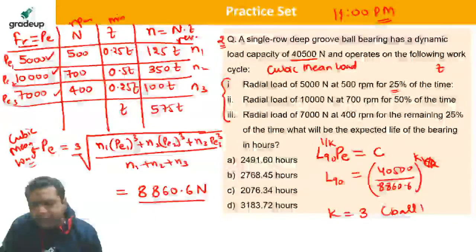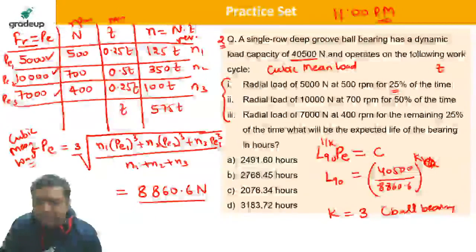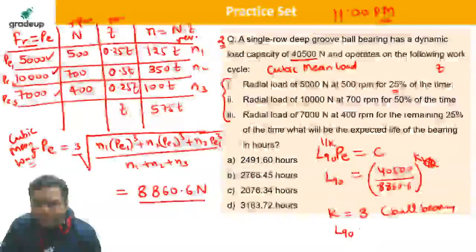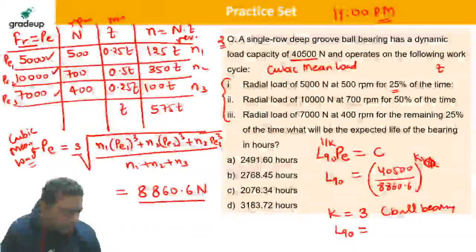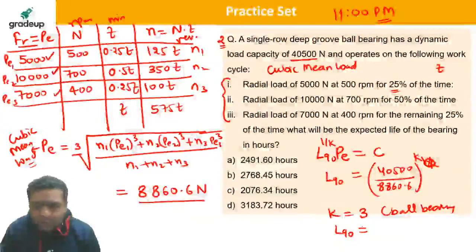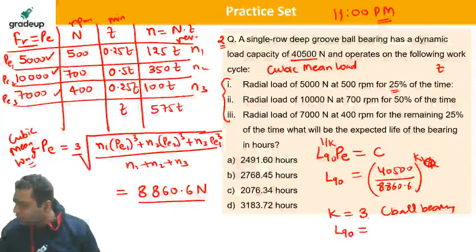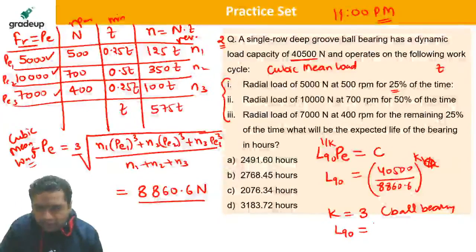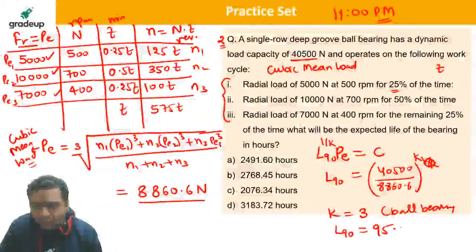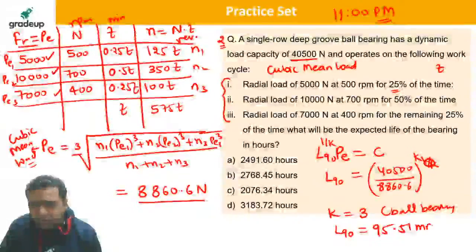This is a ball bearing only. Put the value of K, guys. You will be getting L90 in number of million revolutions. Yes, the answer is correct. So when you find it, the answer will come out to be 95.51 million revolutions.